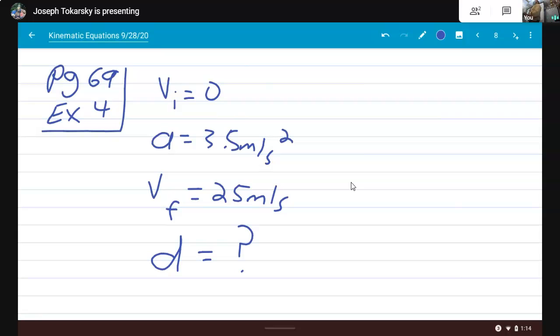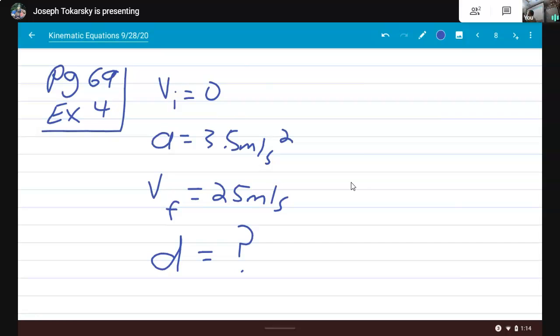But if they don't give any sign on it, you need to stop and think, based on the scenario, should I put a negative on it or leave it positive? Because sometimes the answer is I need to put a negative on it to make sense of what's going on. And you don't want to get burned on that. There's other values kind of like that throughout the year, but the one that matters the most right now is acceleration. Be careful with that.